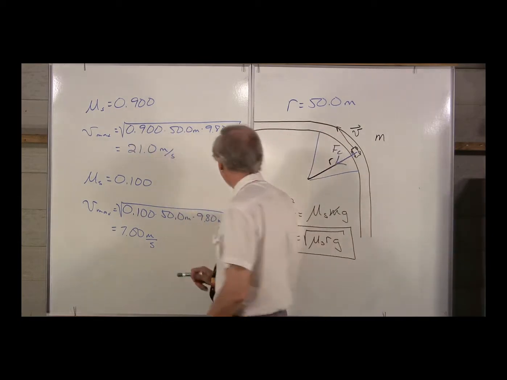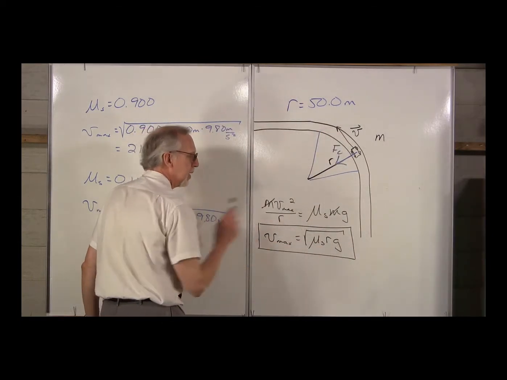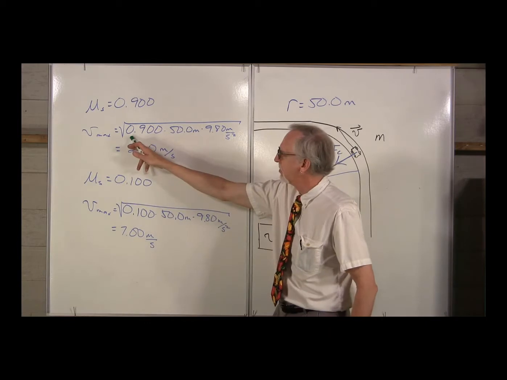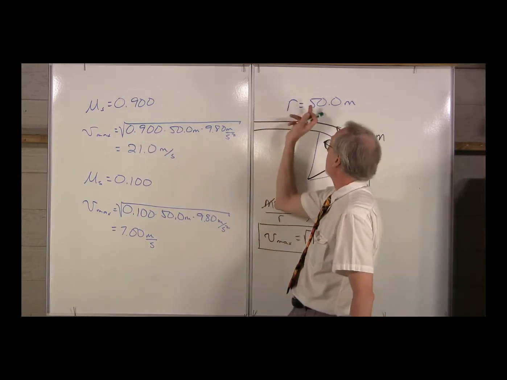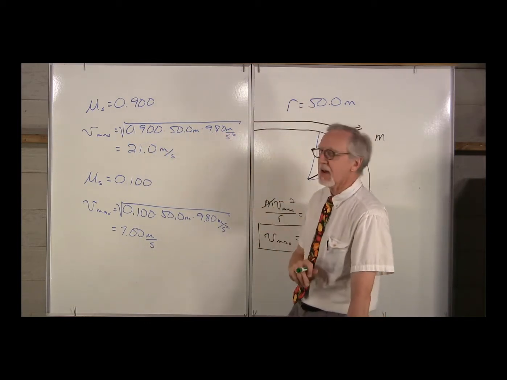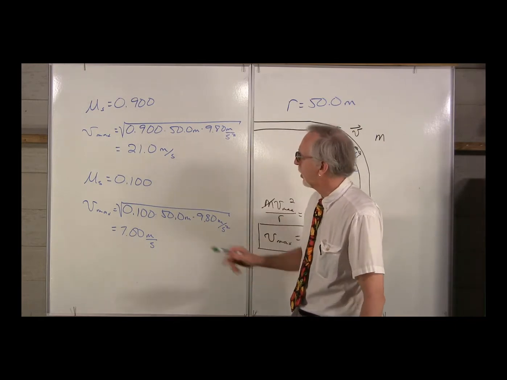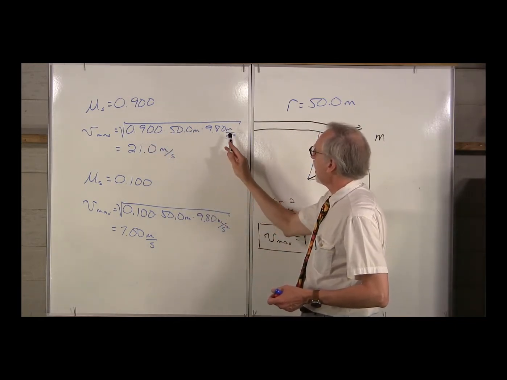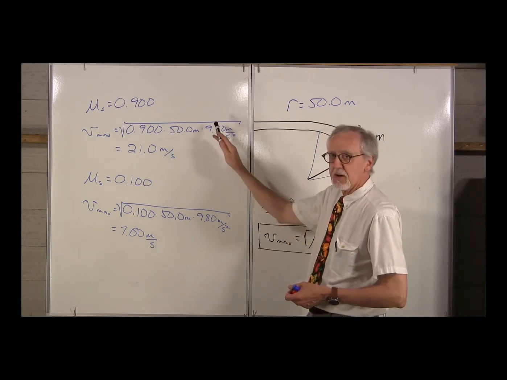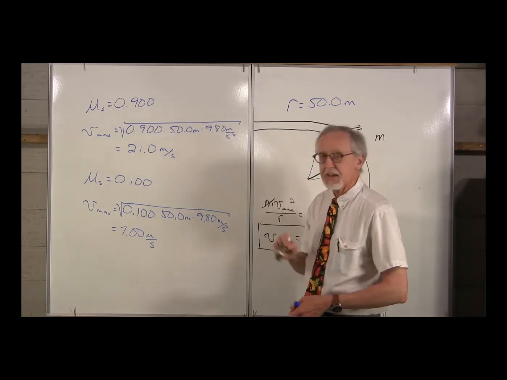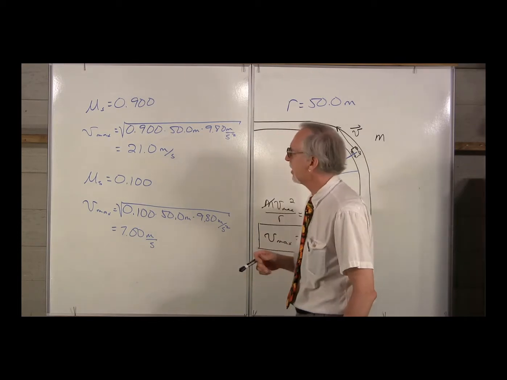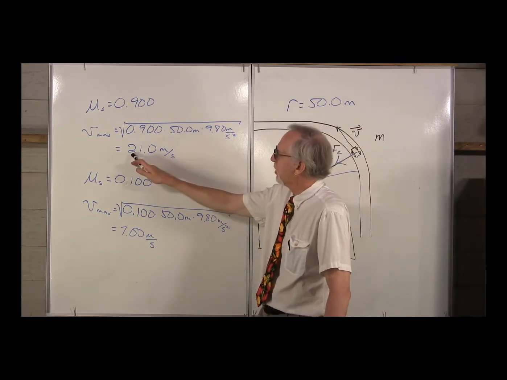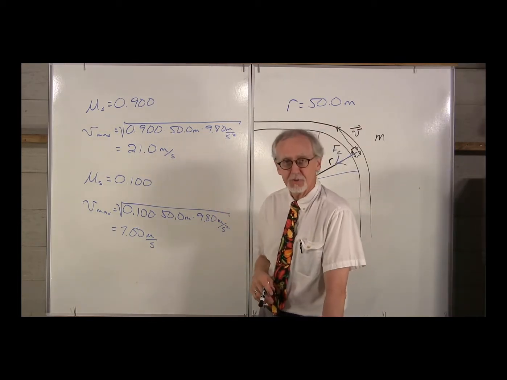We have that V max is equal to the square root of mu s rg, so the square root of 0.900 times r, 50 meters, times 9.80 meters per second squared. Notice we've got meters times meters, which is meters squared over seconds squared. Square root of that will give us meters per second, just the units we would expect for the velocity. Multiply that, we get 21.0 meters per second.